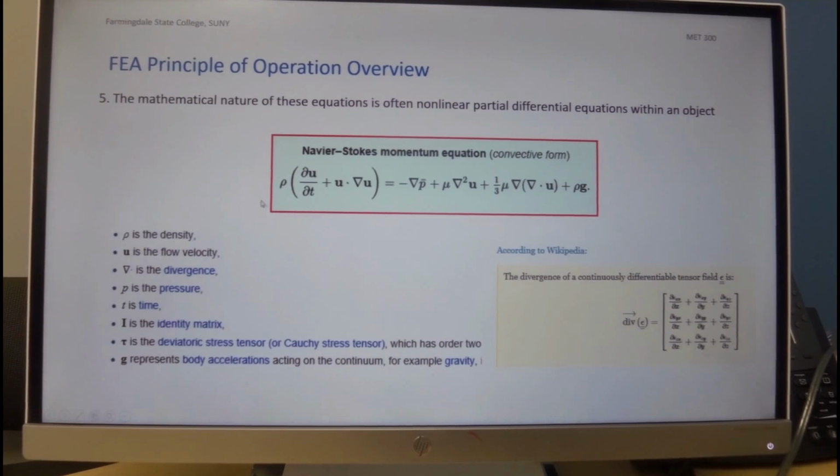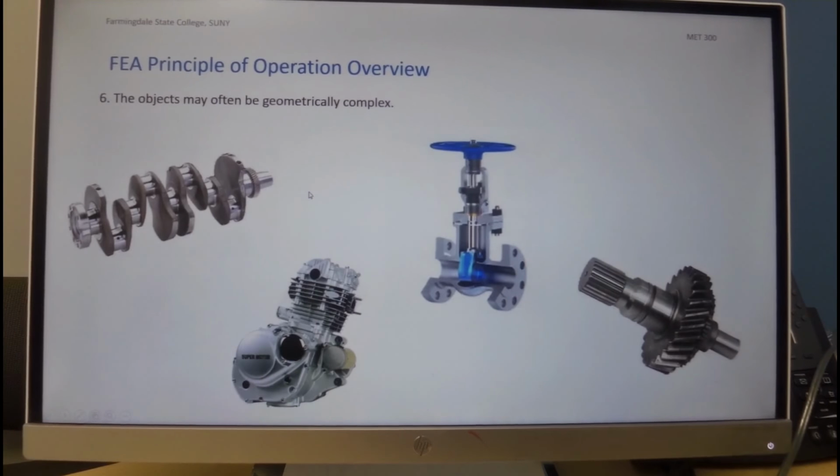We see that the differential equations could be rather complex, as we see over here the Navier-Stokes equations with actually many degrees of freedom in each one of the xy coordinate systems. As we see over here, they get fairly complex. The objects are also many times highly complex, such as a crankshaft or a motorcycle cylinder.